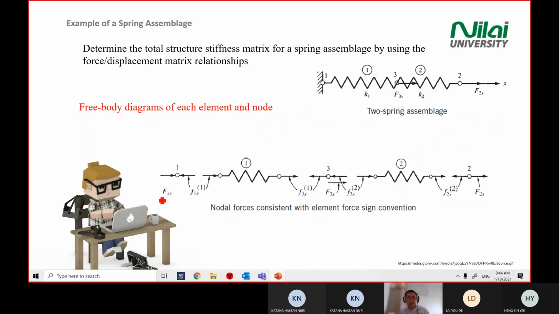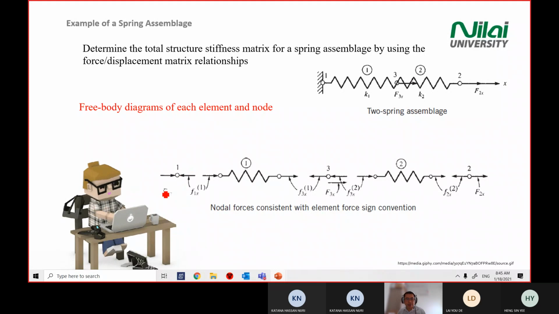All right, now we have broken the system into free body diagrams, which means we have 5, and the direction was given. The next step is to name the forces that you draw in the free body diagram. After you draw the free body diagram for each node or element, you put in the numbering for the force.